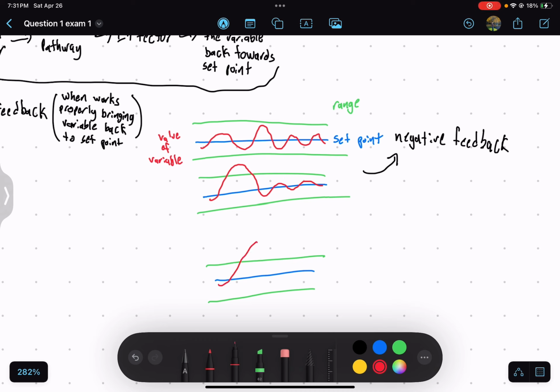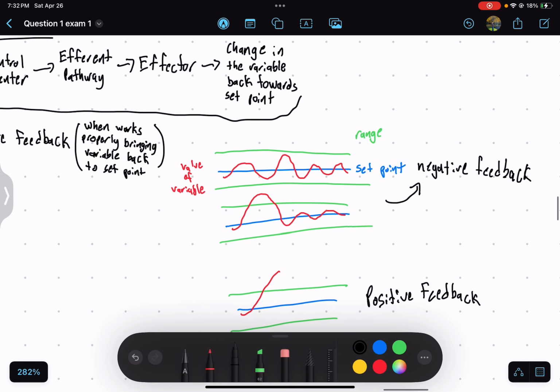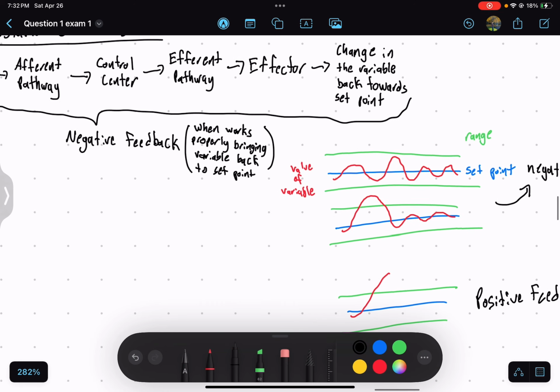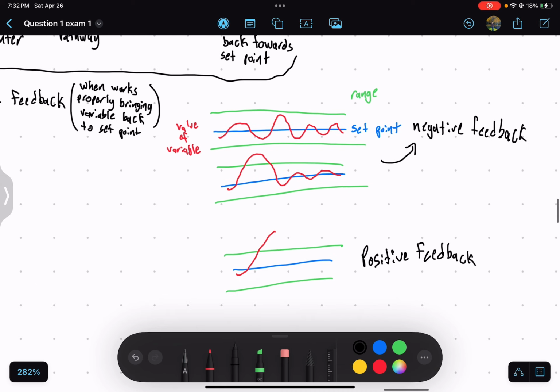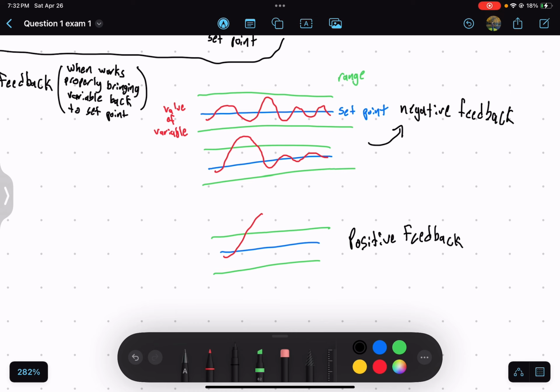That means something within our system is broken. Maybe it is the efferent pathway to where it's not allowing the signal to get back to the effector. Maybe something is wrong with the effector that's not allowing it to release something. Or maybe it's the afferent pathway not getting to control center. There could be a list of different points in which the system can be broken, causing positive feedback.